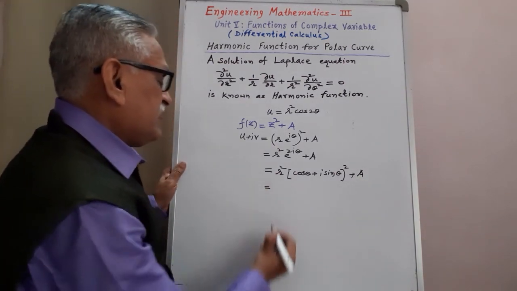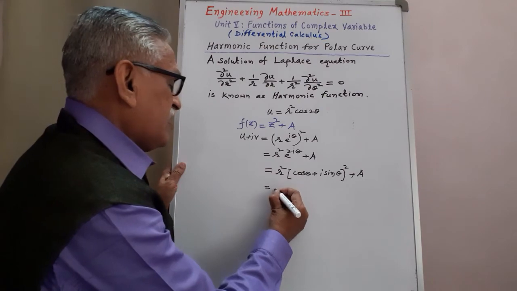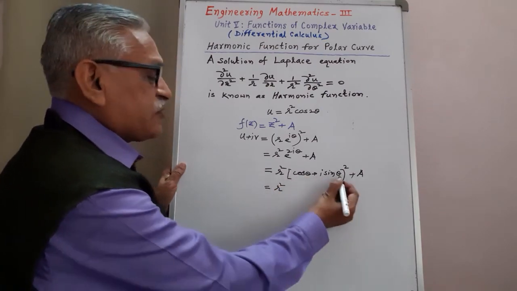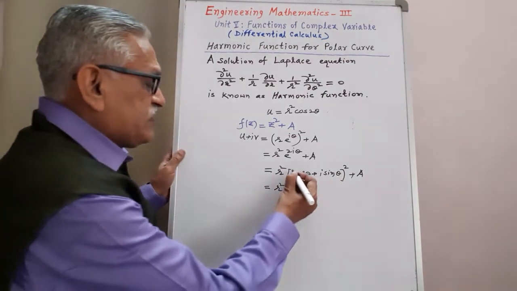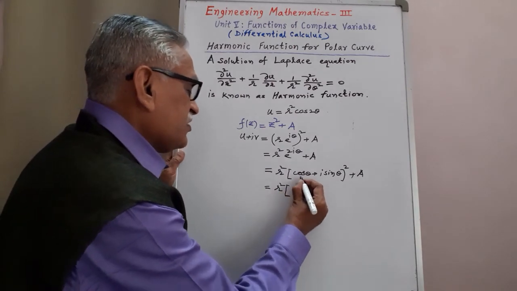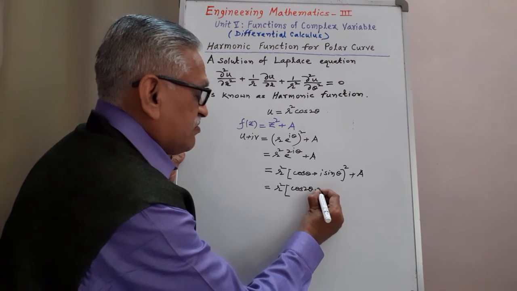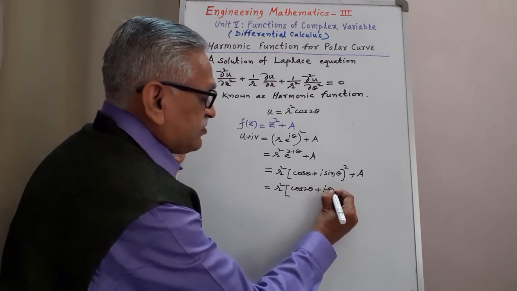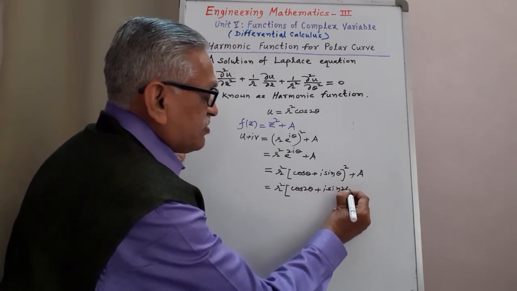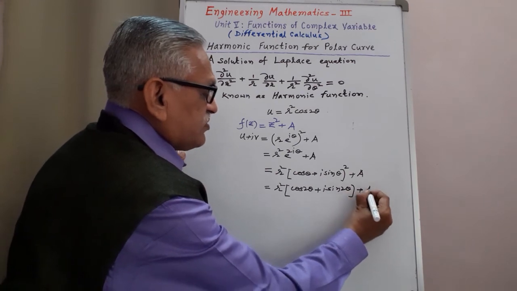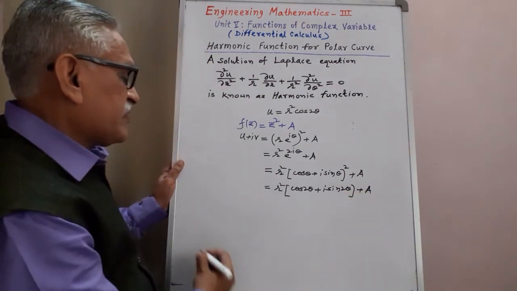We get this one as r square. Expanding this by de Moivre's theorem, its expansion is cos of 2 theta plus I times sin of 2 theta plus constant e.